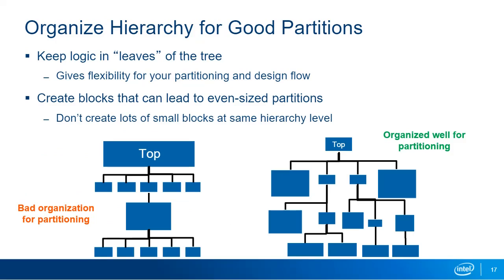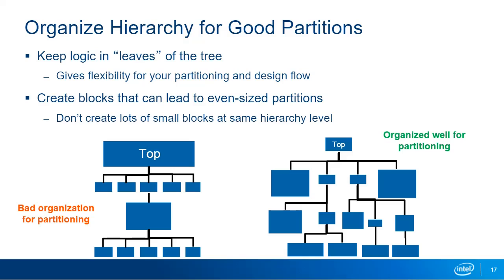The first recommendation is to try to organize your project hierarchy for good partitioning. To do this, create a hierarchy such that the larger logic blocks are in the so-called leaves of the hierarchy tree. This gives more flexibility for partitioning, as it makes it easier to break out a section of the design into its own partition separate from other parts of the design.